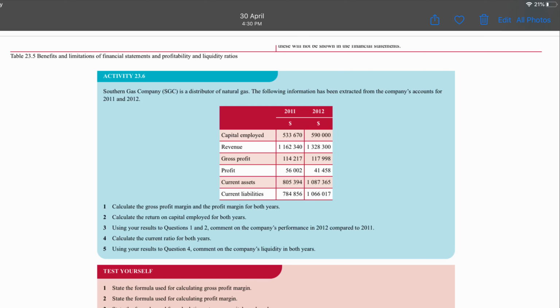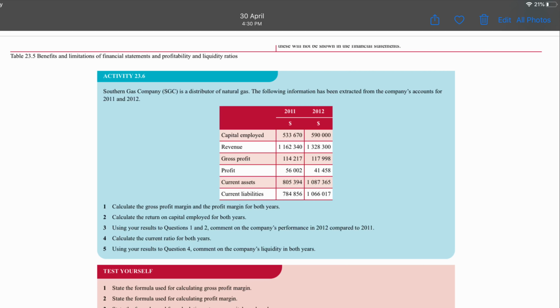So 56002 divided by 533670 times 100%, you should get 10.5%. And ROCE for 2012 is 41458 divided by 590000 times 100%, you should get 7.0%.